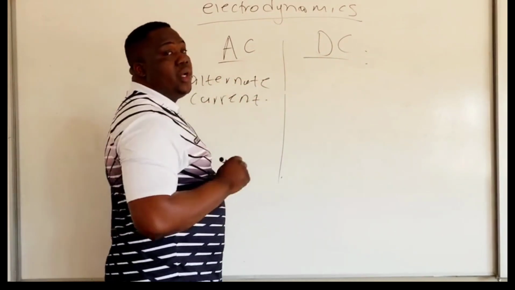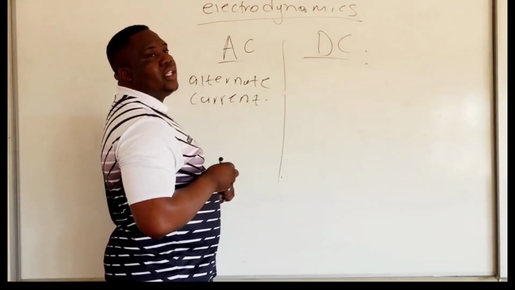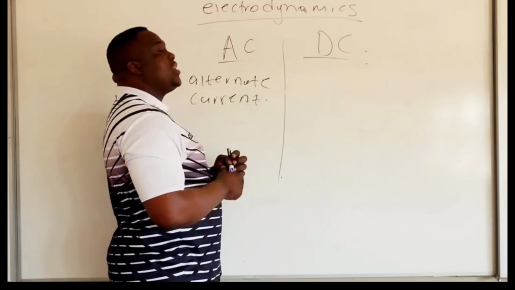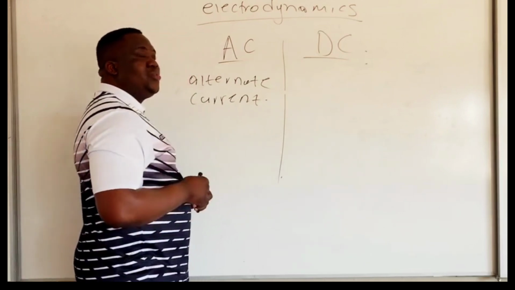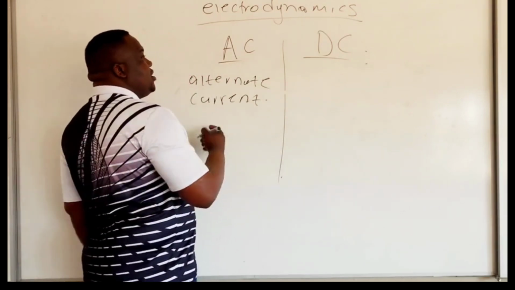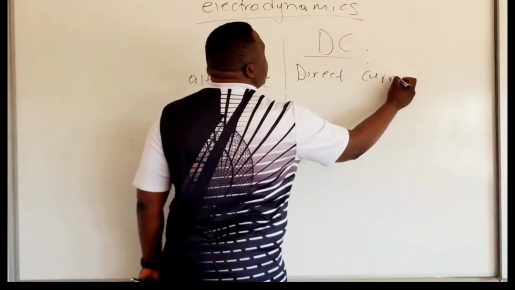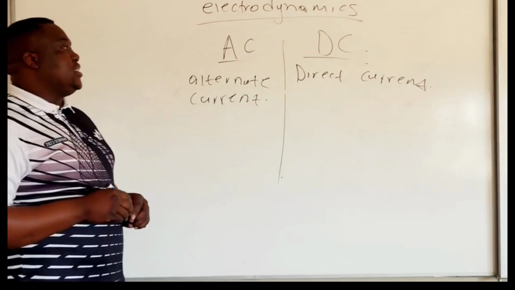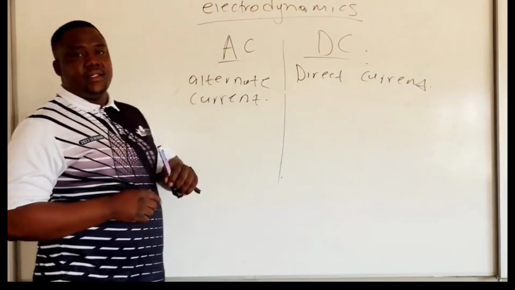Stay tuned, I'm going to show you the graphs. They love to set the graphs in the exam. It is rare to find an exam without a graph for electrodynamics. So stay tuned so that I show you and you don't get confused. DC stands for direct current. We're going to talk about AC and DC generators and motors.